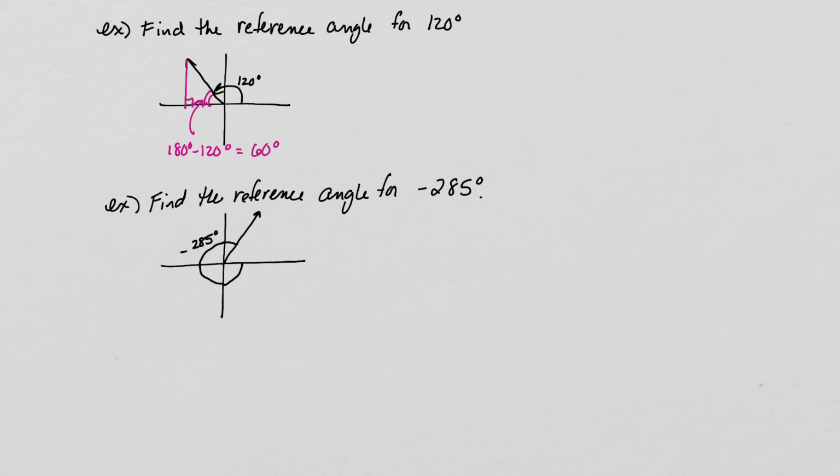And that reference angle, again, is going to come from dropping a line down here to make that reference triangle. So we're talking about this angle. Altogether, that 285 degrees plus this part in here has to give me 360 because it closes this whole circle. Together, this black part and this pink part make a whole circle.